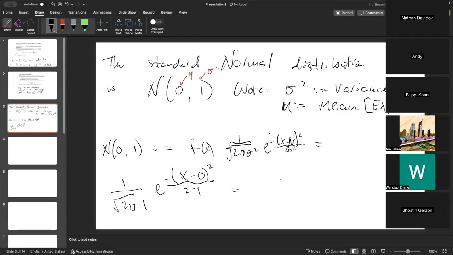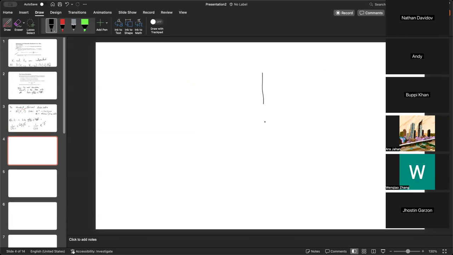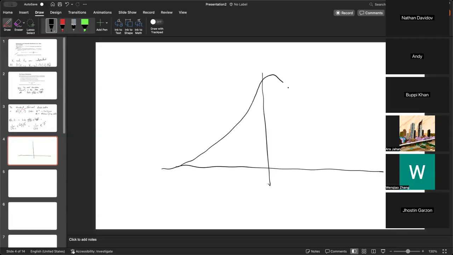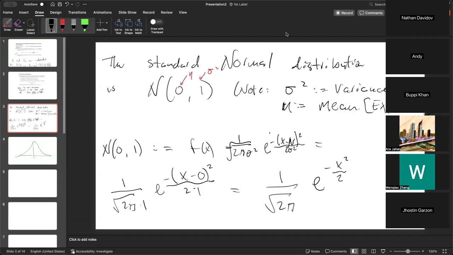So this is going to be 1 over the square root of 2 pi, e to the minus x squared all over 2. Okay. And that looks like this. Please write this down.